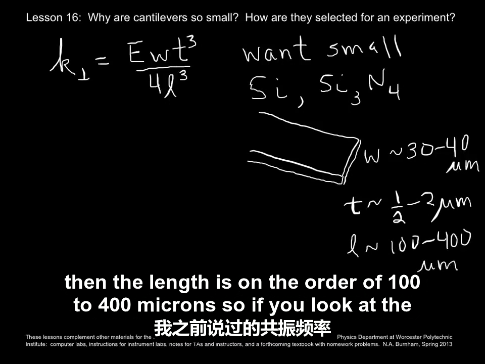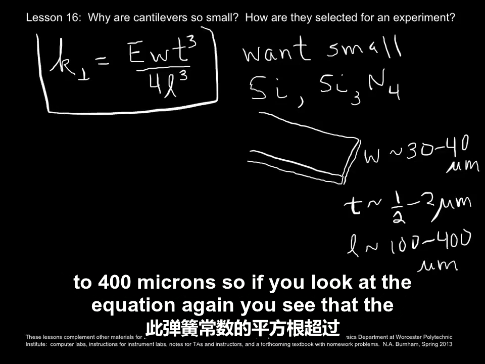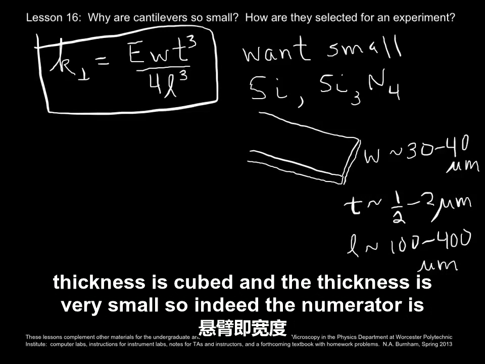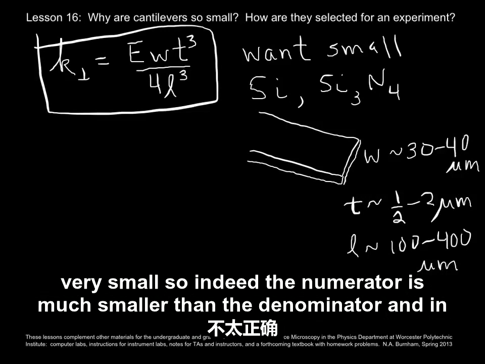So if you look at the equation again, you see that the thickness is cubed, and the thickness is very small. So indeed the numerator is much smaller than the denominator.